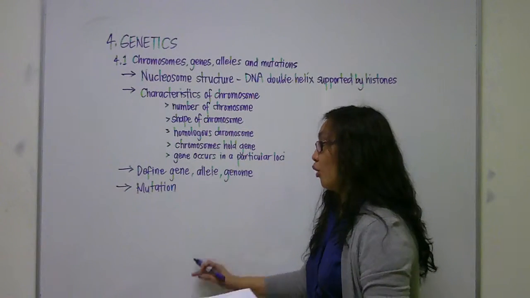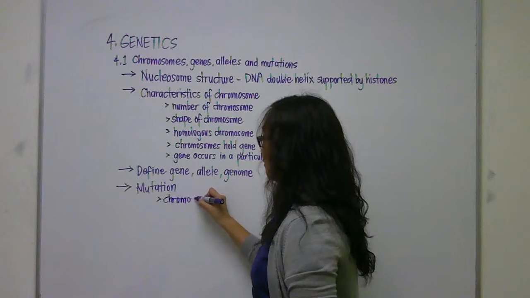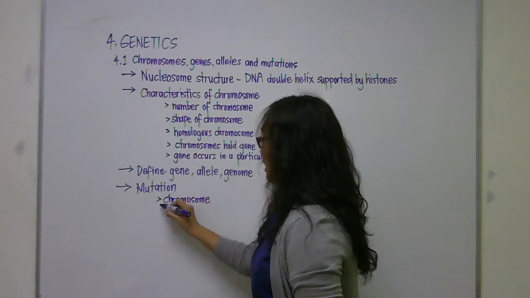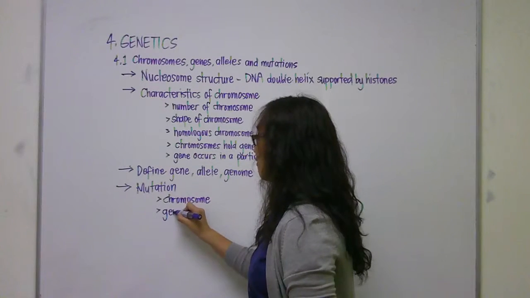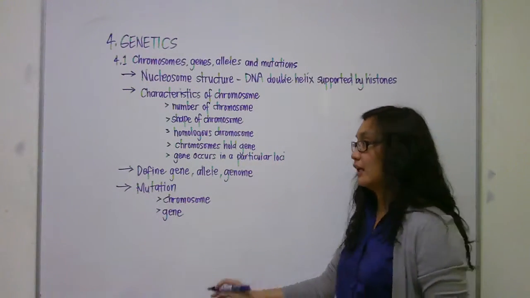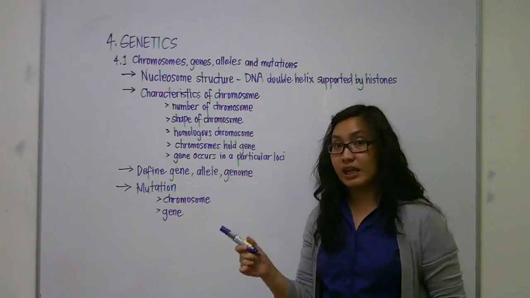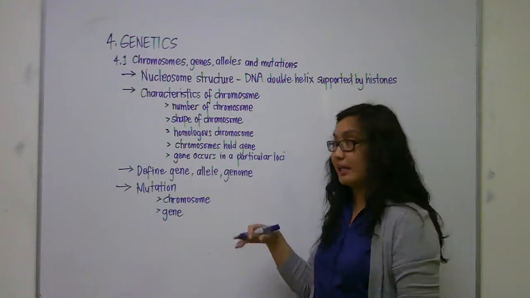It can be in the form of chromosome mutation and gene mutation. This is one of the common questions asked in IB, wherein they need to differentiate chromosome mutation and gene mutation, followed by an example asked for each.